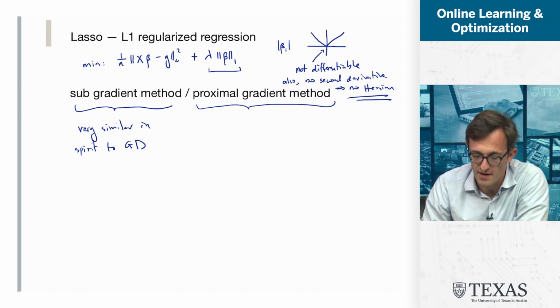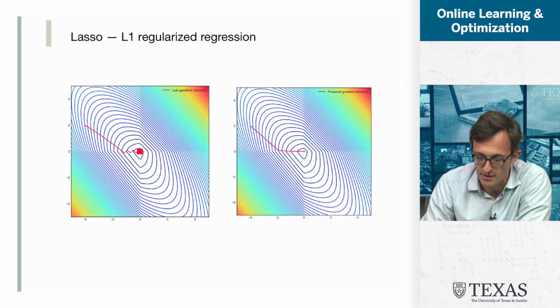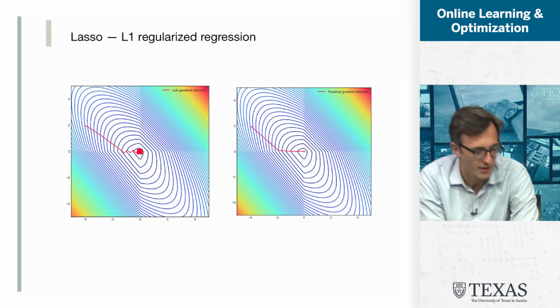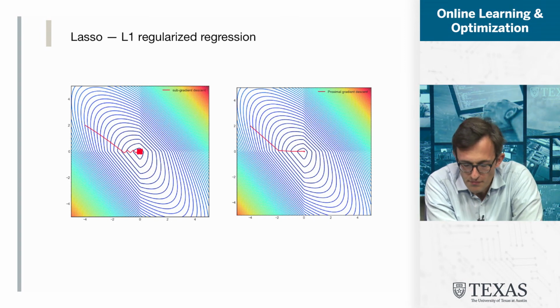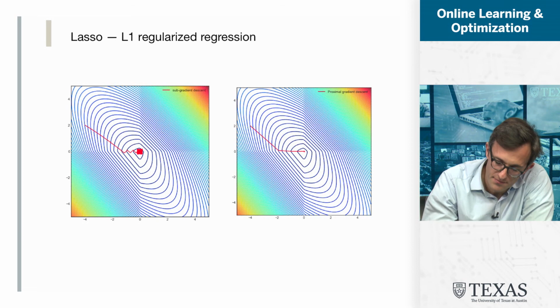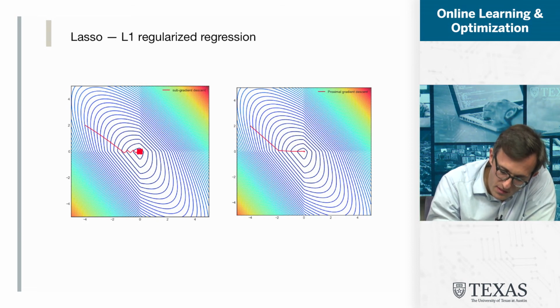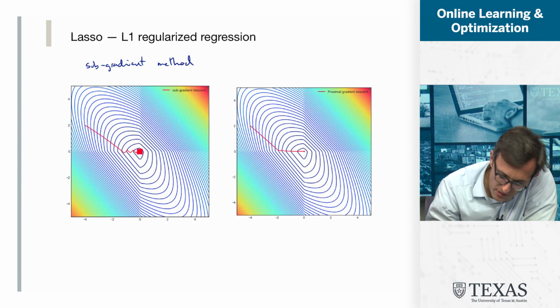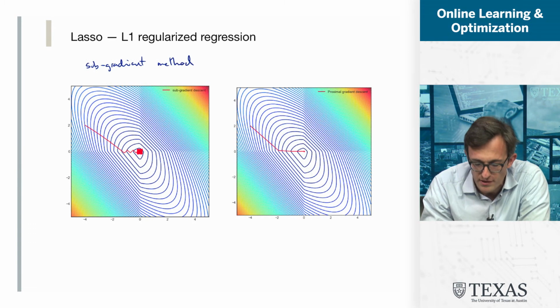So let's have a look at the trajectories and see how they compare. You can see here on the left, this is the gradient-like method, the subgradient method. And what you can see here at the end is that it's not even converging.